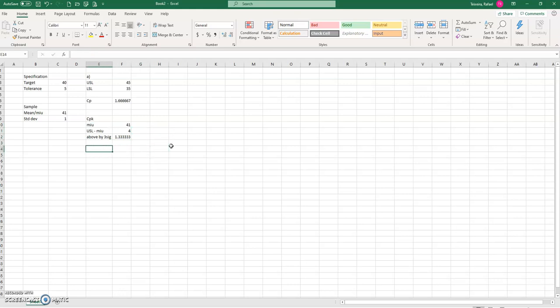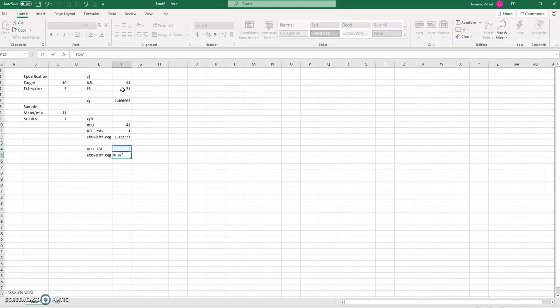So let me do that here. So I have mu minus the lower specification limit. Now it's the opposite to have a positive number, okay? First it was upper specification limit minus mu, now it is mu minus lower specification limit. So let's go. It's 41 minus 35, then divided by 3 sigma.